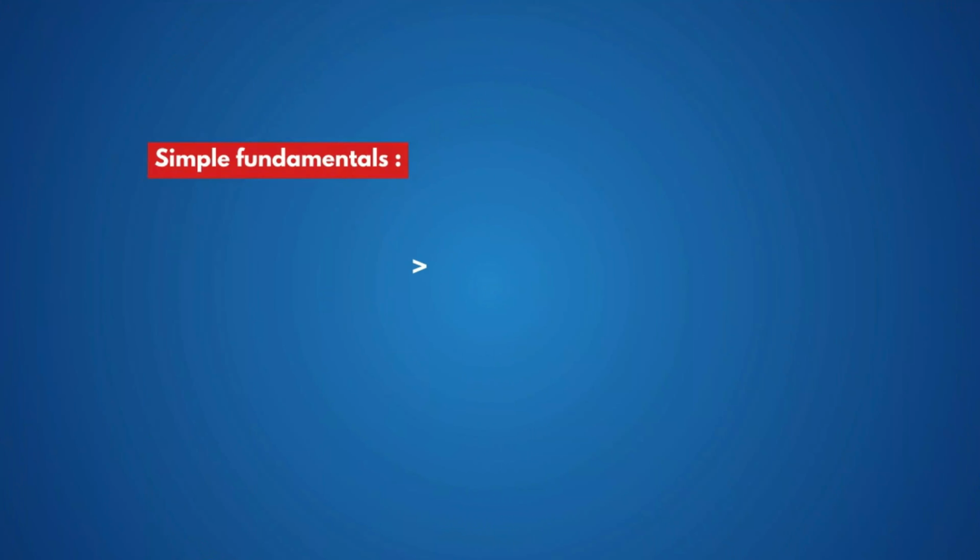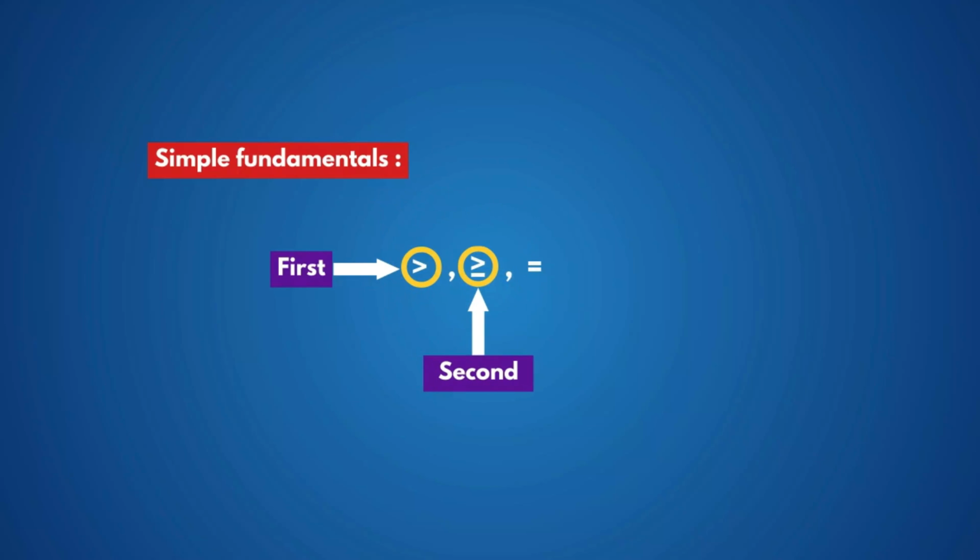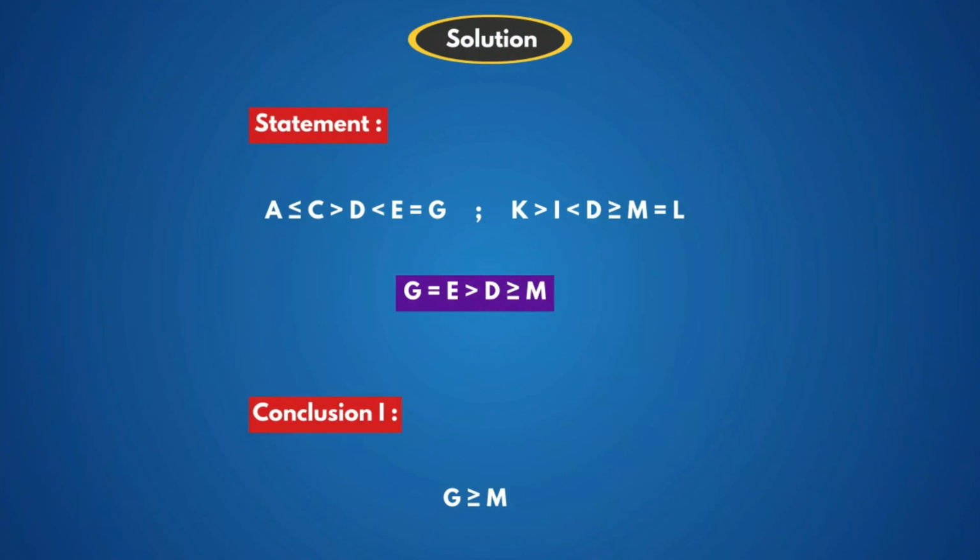If there is a combination of these symbols, we will give first priority to the greater than symbol, second priority to the greater than or equal to symbol, and third priority to the equal to symbol. So this is G greater than M. But in the conclusion they gave G greater than or equal to M. So conclusion 1 is false.